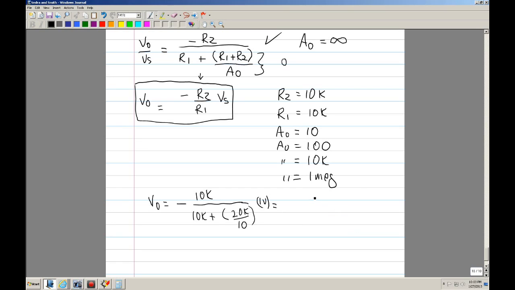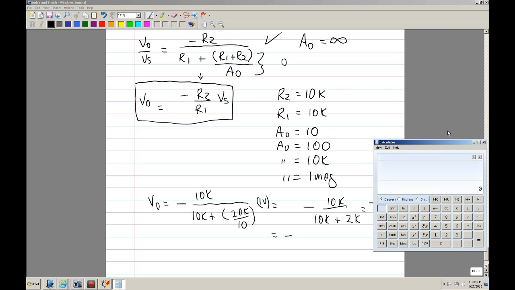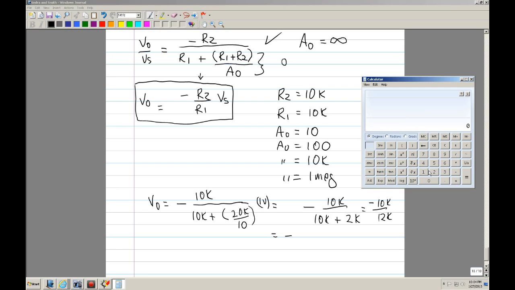So this is going to be 20k plus, so it'd be 2k. Let's see what we get there. So it should be negative 10 divided by 12.